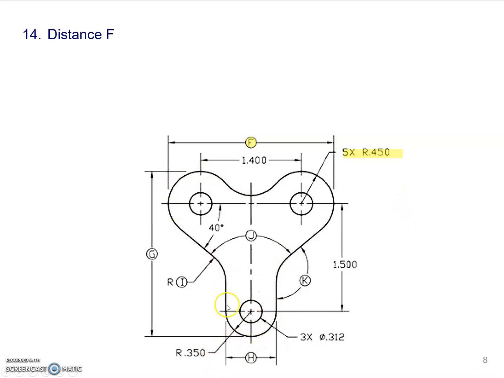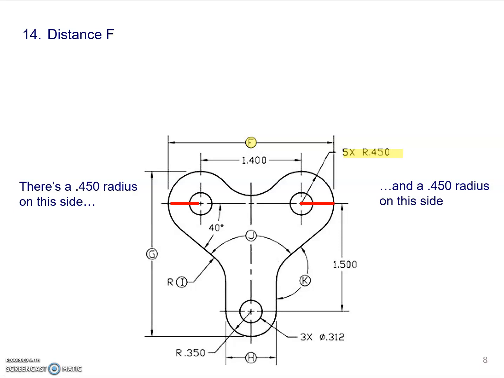This other one is down here at the bottom. Okay, so now we can charge ahead. Oh yeah, and we've got a 1.4 distance here. So we've got 450 on one side, 450 on the other side, and we've got that 1.4, 1 and 400 thousandths. So we add all those up, and that tells us how wide this piece of material is, dimension F.